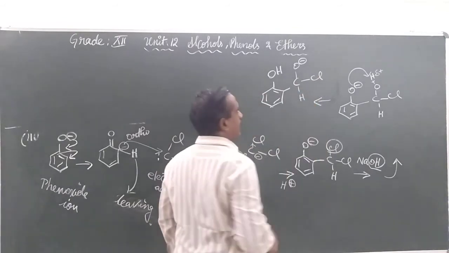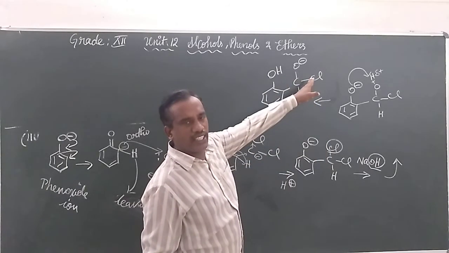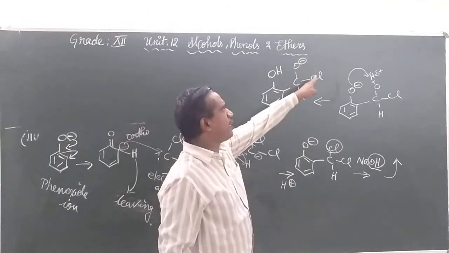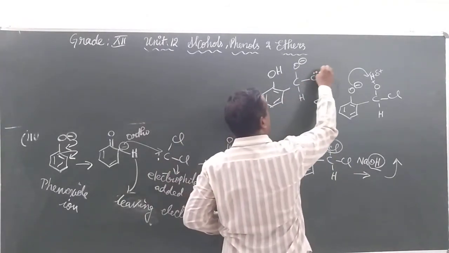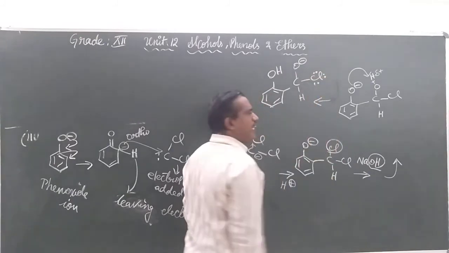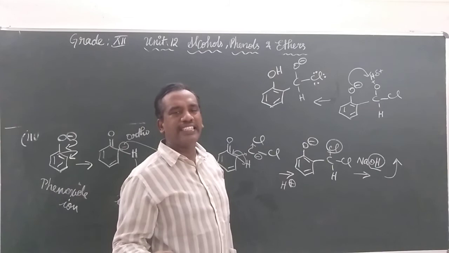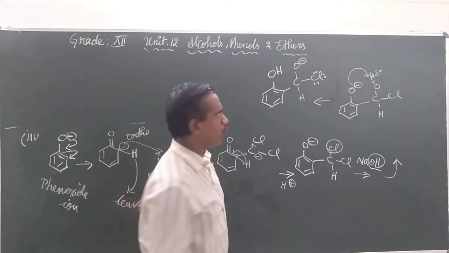This is a nucleophilic center. We had already discussed, whenever any negative charge is present and halogens are present, there will be repulsions between the electrons.